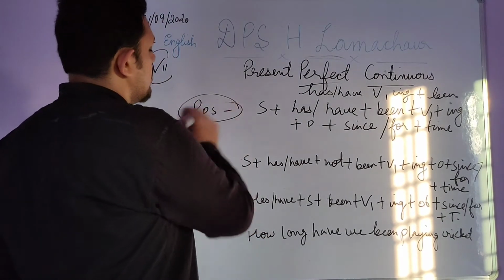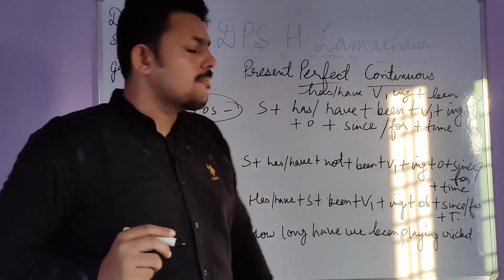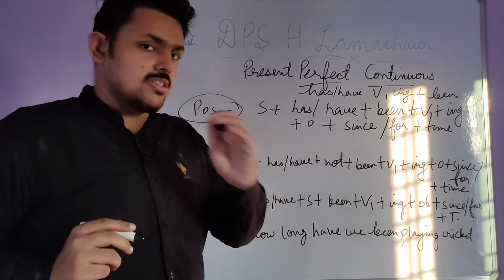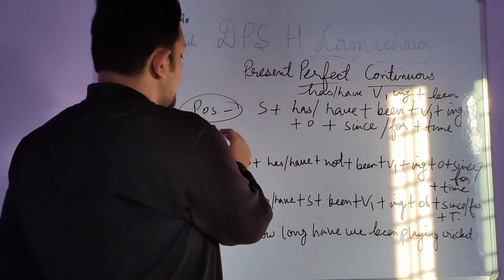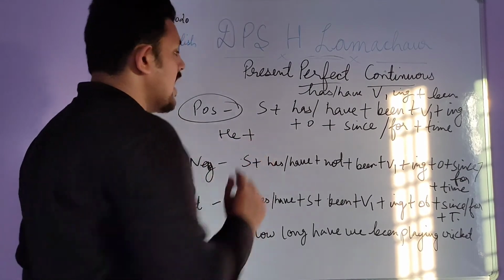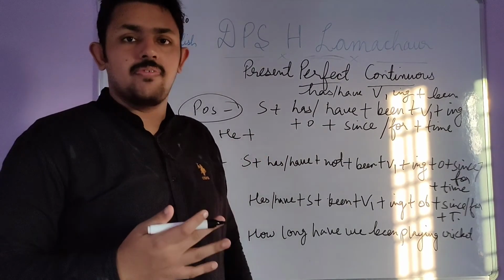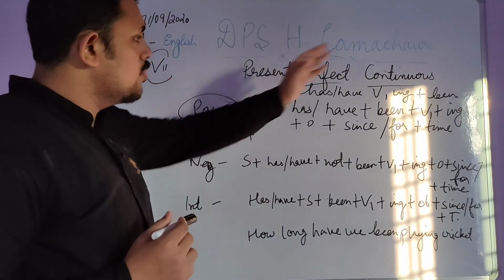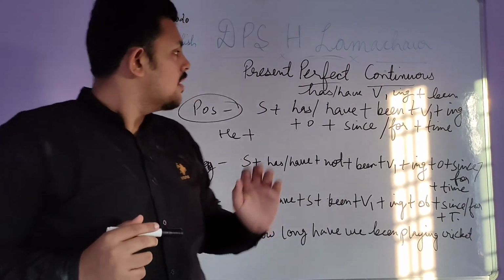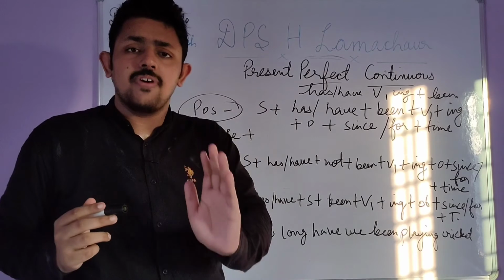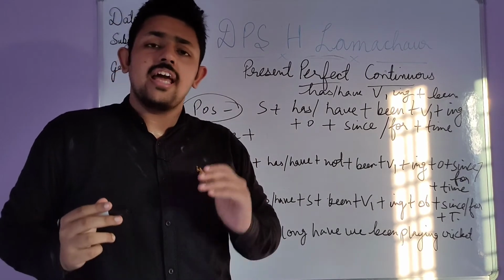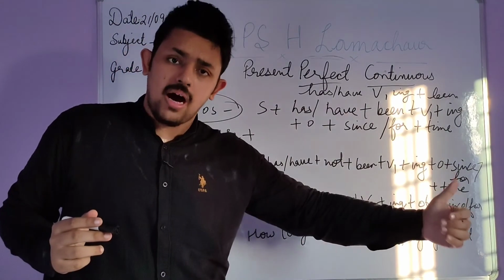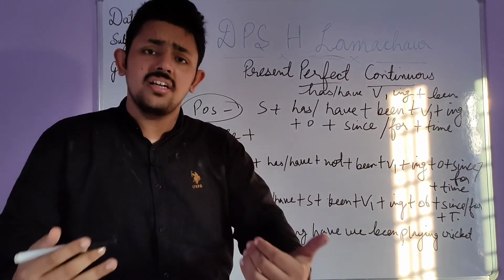Firstly, we have the positive kind of sentence. First of all the subject, that is he, plus has or have. Okay, it is in perfect form. Let me just tell you where to use present perfect continuous tense. We use present perfect continuous tense when an action has begun in the past and is still continuing.